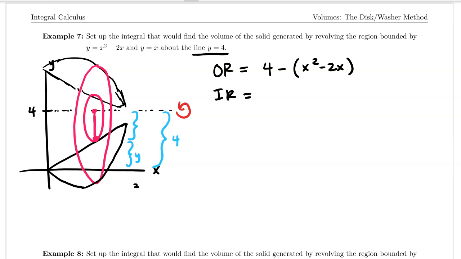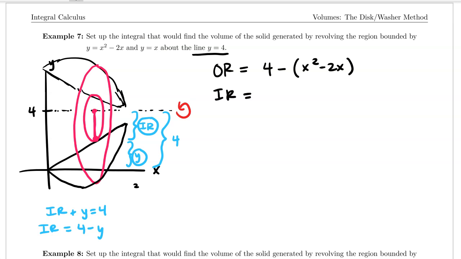So if I call this my inner radius, one way that I could think about it is that when I add the inner radius plus y, it gives me 4. So the inner radius plus y gives me 4, and if I solve that for the inner radius, it would be 4 minus y.